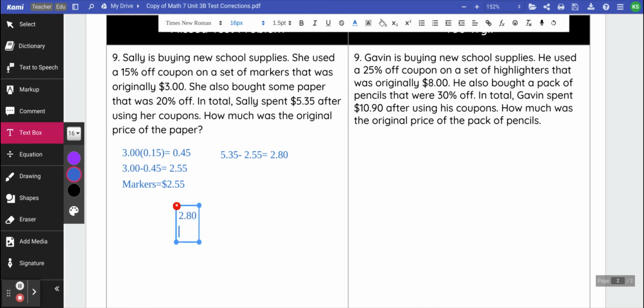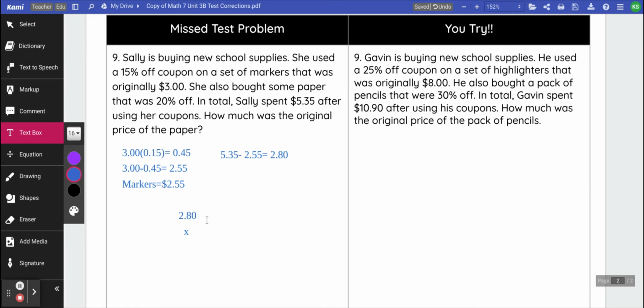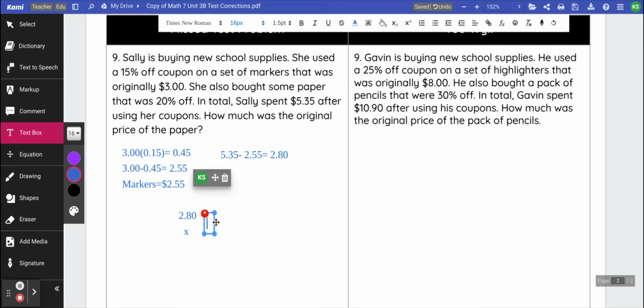We don't know what the original cost is, so that's what's going to go on the bottom. We're going to put an X there, okay? And then we'll do our second ratio. We know that these two ratios have to be equal to each other, okay?